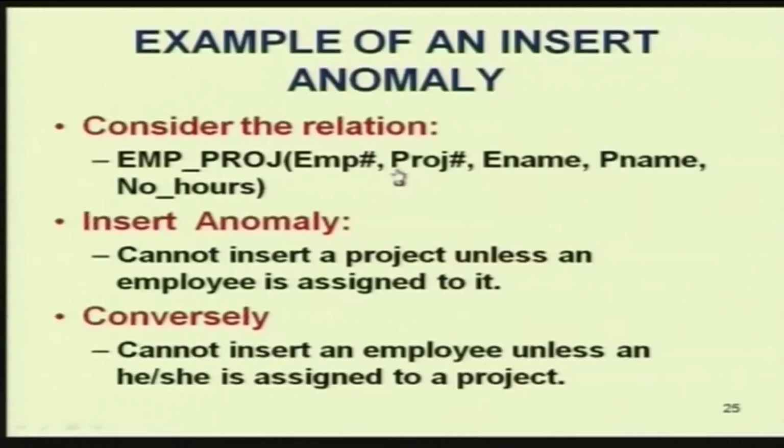But in the middle of that, suppose a report has to be prepared with all the projects available with the company, then that information has to be available somewhere. Because we have mixed the two, if you want to put the project number and the project name, the employee has to be there. If there is no employee, the insertion cannot be done. This is a typical example of an insert anomaly. Also, the reason for this, as you can understand, is only the design mistake or bad design.